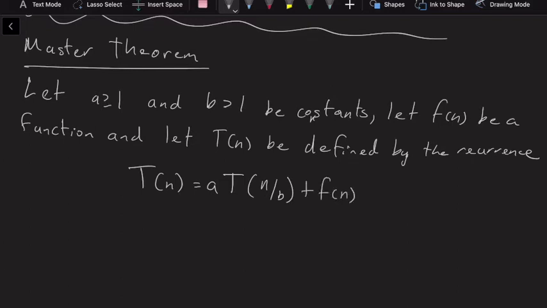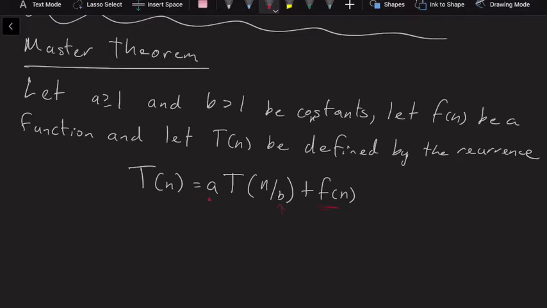Now what this means is that we could rewrite a recursion as some number a of computations that are some fraction smaller than the original one. So divide and conquer is going to break our problem into smaller subproblems. And what that means is that we're going to have a subproblems that are smaller by some fraction b.